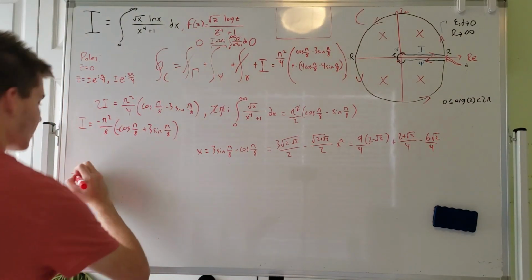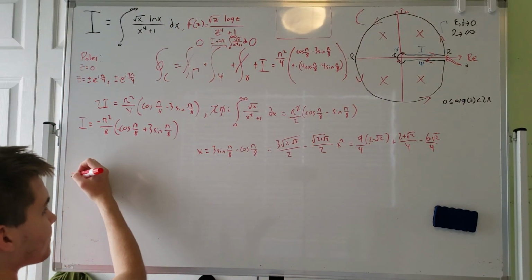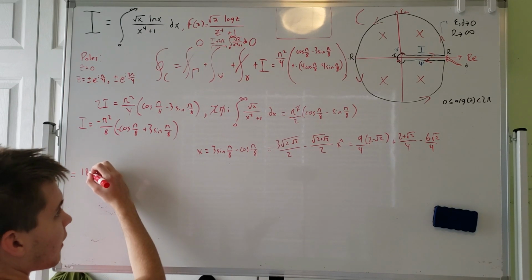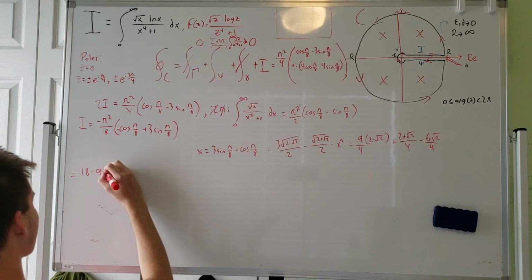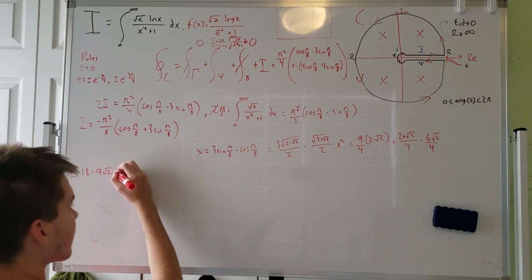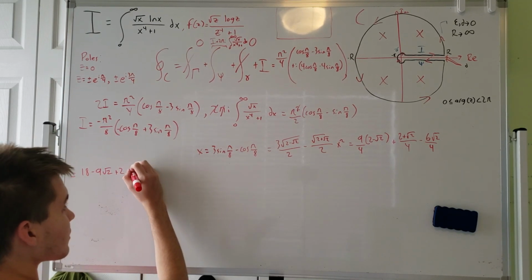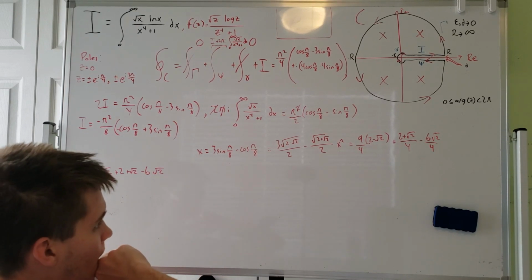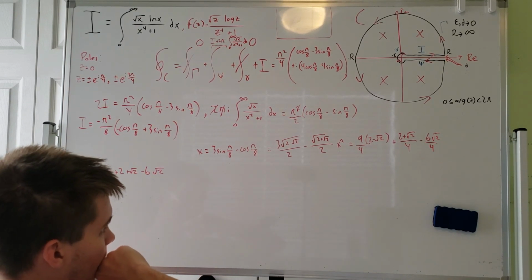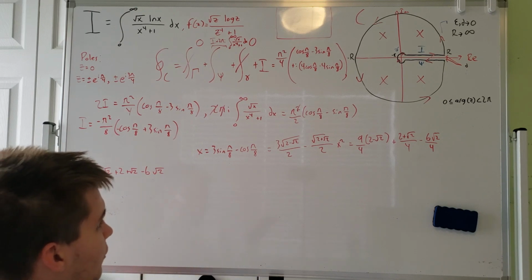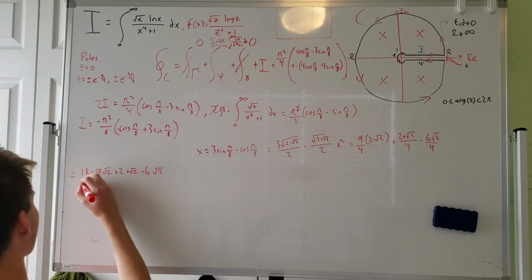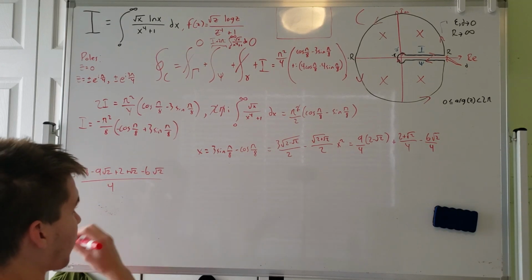So that is going to be equal to 18 minus 9 root 2 plus 2 plus root 2 minus 6 root 2. Right? Let me just verify. Okay. This is going to be all over 4, yes?